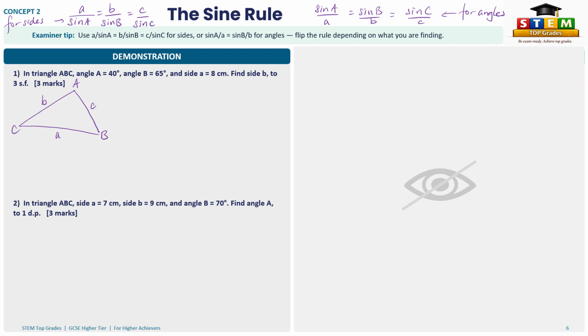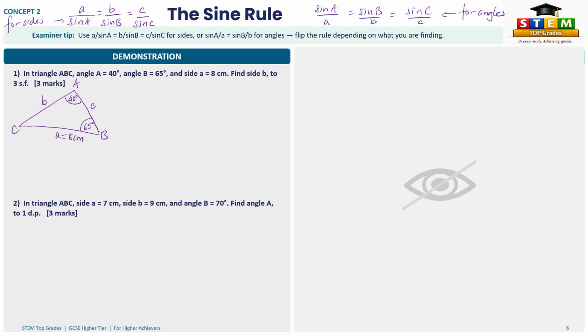Okay, so we've done that. Now let's collect the data from that question. So angle A is going to be 40 degrees, angle B is 65 degrees, and then side a is 8 centimeters long.